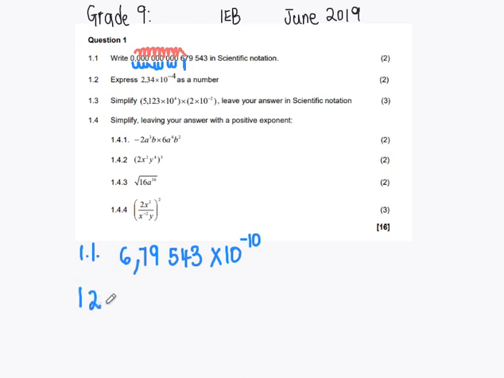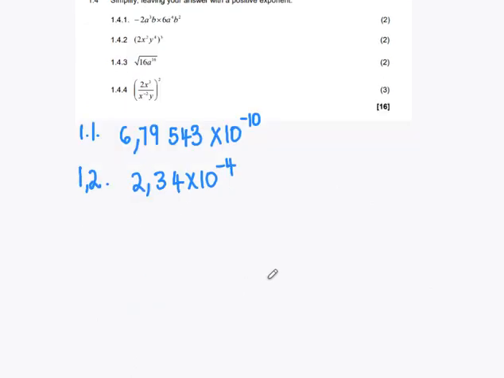So let's look at the second one, 1.2. So we have 2.34 times 10 to the negative 4. So we're reversing from number 1. We must move 4 digits to the front. So 0, 0, 0, 0, 2, 3, 4.